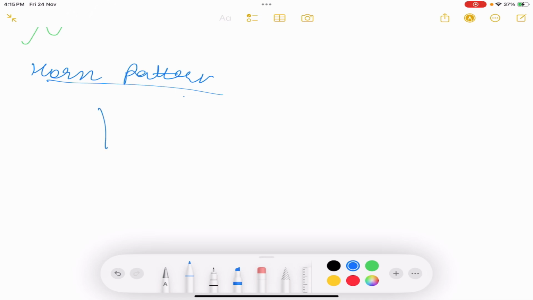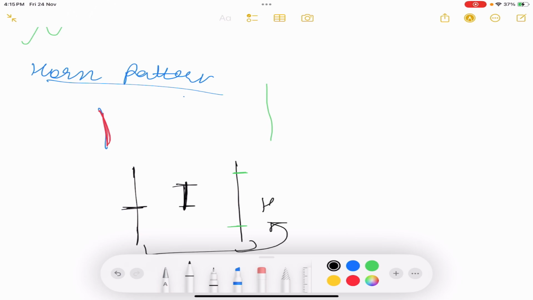So there's one candle, this is red, then there is a doji candle, a middle candle, then there is another candle, now this one is green, and then there is another candle. The length of this and this, they are known as horns.